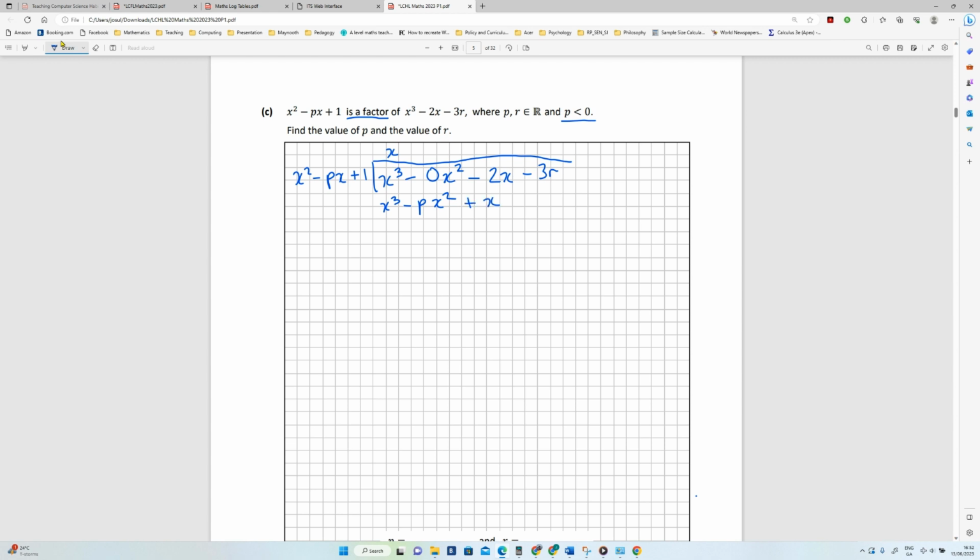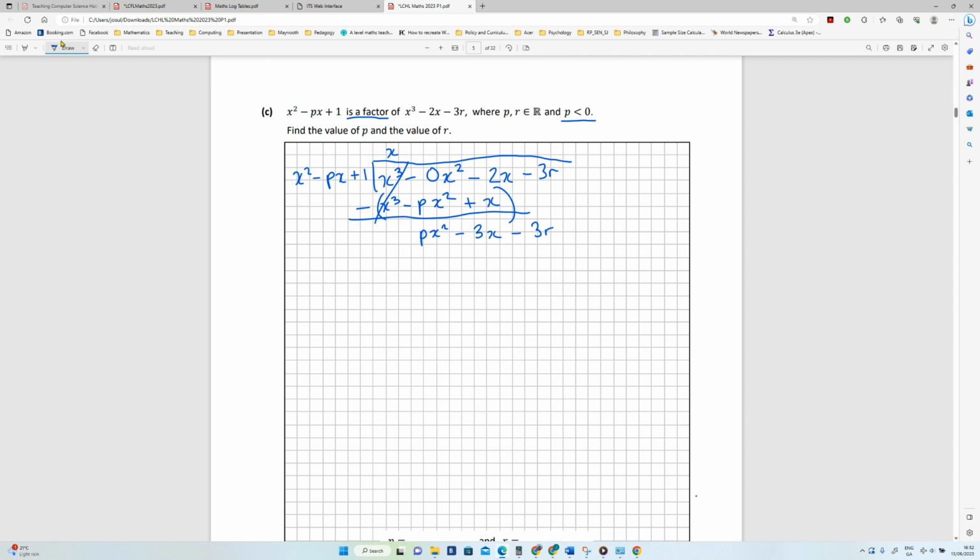Okay, and this of course is a minus. So these go away. I've got a minus minus here, so this is going to be px squared. And I've got a minus x and a minus 2x, so that's going to be minus 3x. And then I bring down my 3r. So we go again.